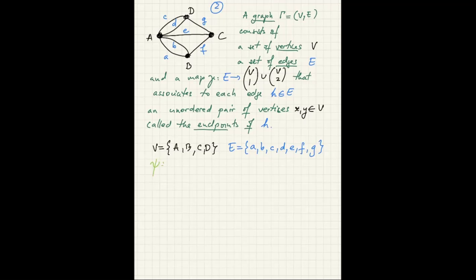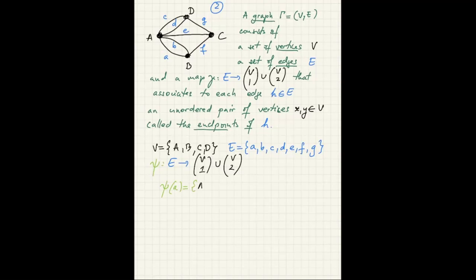So our function psi from the edge set, to, so I denote here by V choose 1, these are all the subsets of cardinality 1 of V, and V choose 2, all the subsets of cardinality 2. So psi of a: if you look at a on the picture, you see that a goes between A and B, so those will be the endpoints.